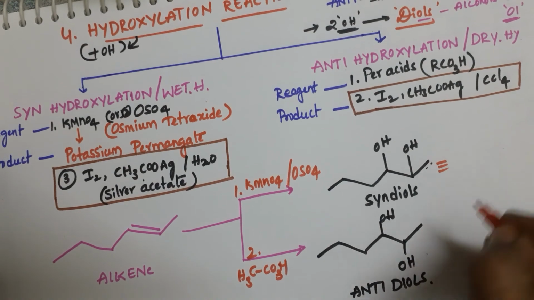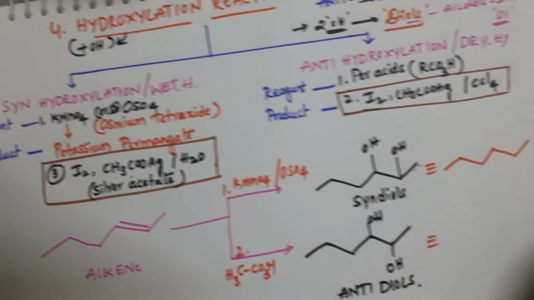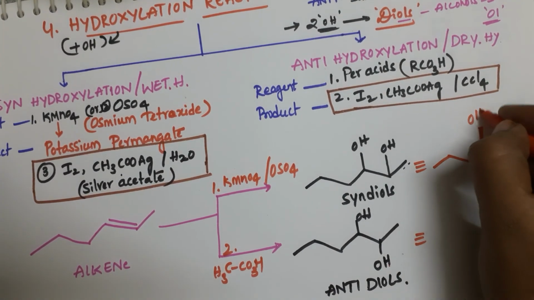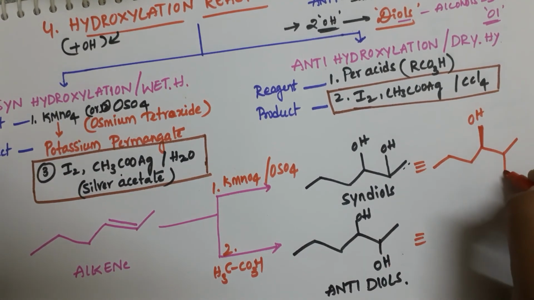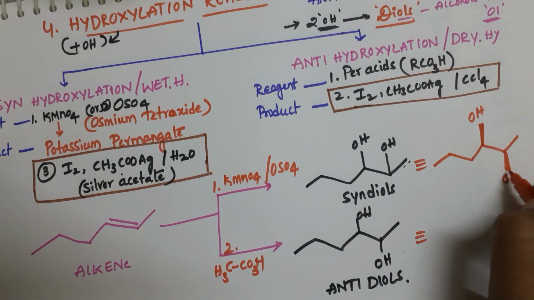What does the stereochemistry of this reaction look like? Here six carbons are there. This thick line represents the front side, and I am writing a thick line here also. The thick lines represent both on the front side, so this is a syn diol.